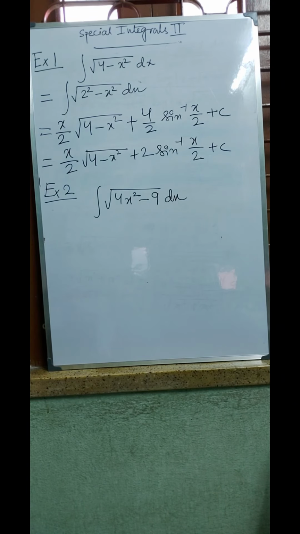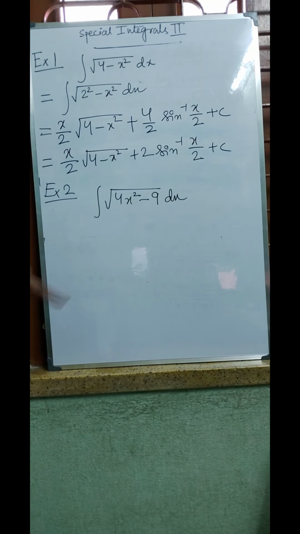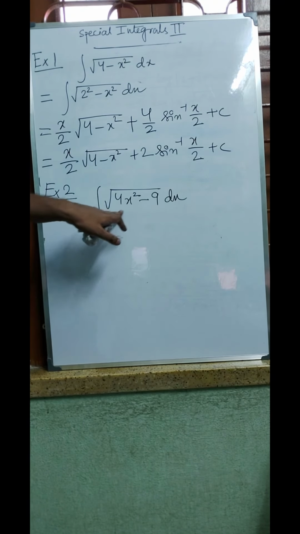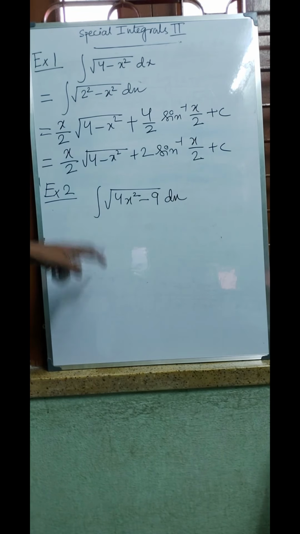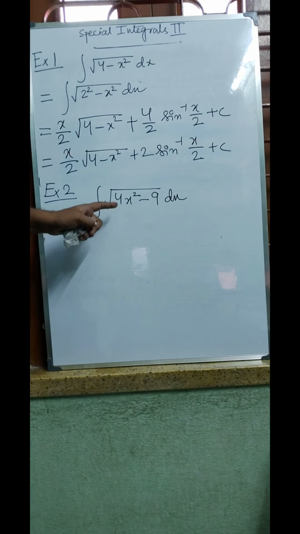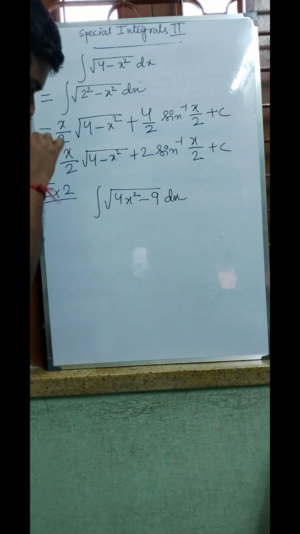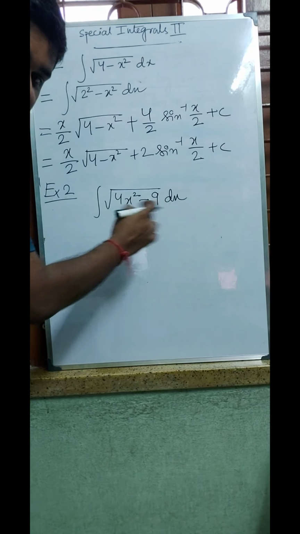Now here, to solve this problem, always remember that whenever you have such a problem, the first thing is you have to always ensure the variable part is without any coefficient. So the variable has to be left alone. So in that case, what to do? I can do one thing, divide the whole thing by 4.